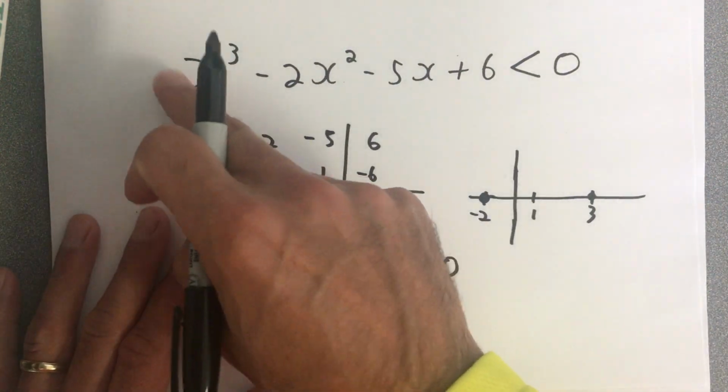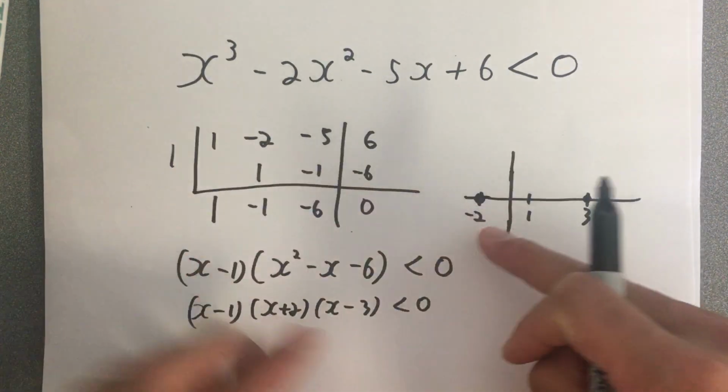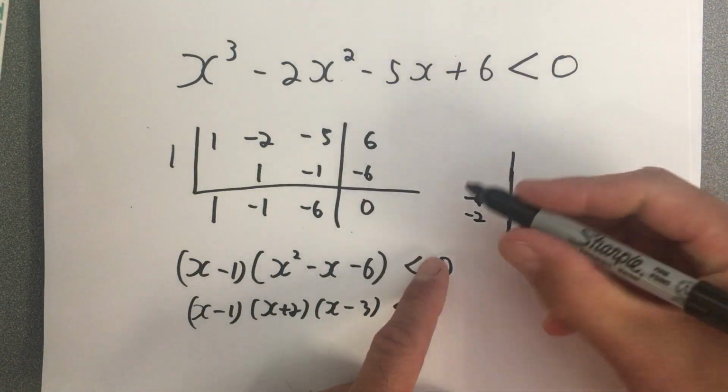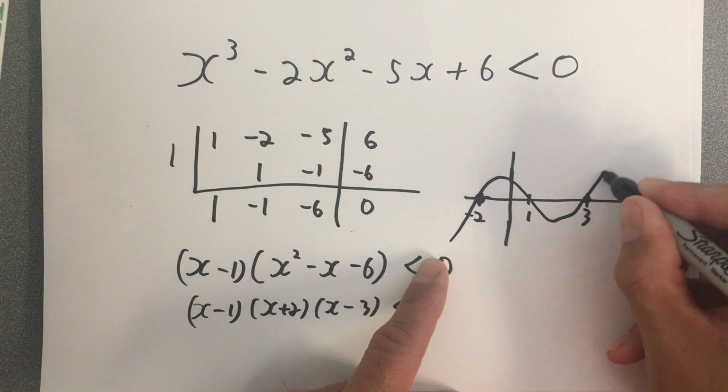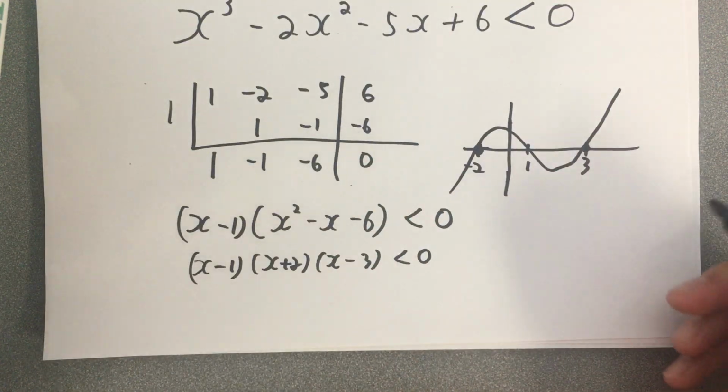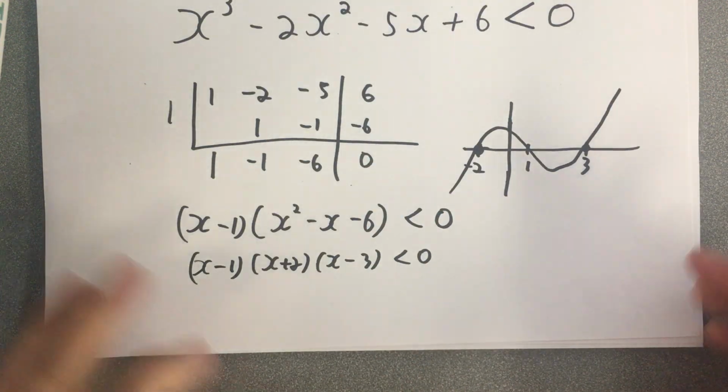And because my leading coefficient is positive, I know it goes like this. I don't have any double or triple roots here, so it's going to look like that. You could plug in interval values. I don't really need to here.